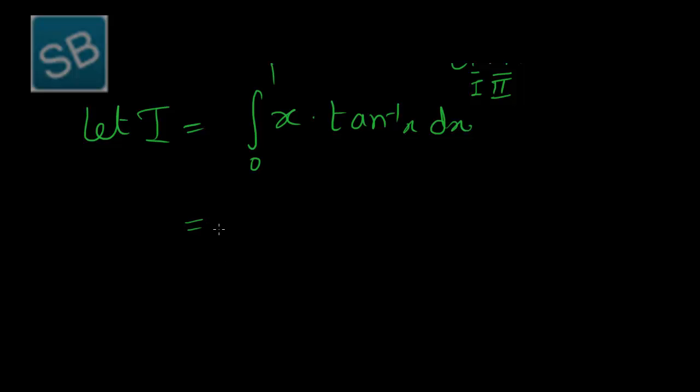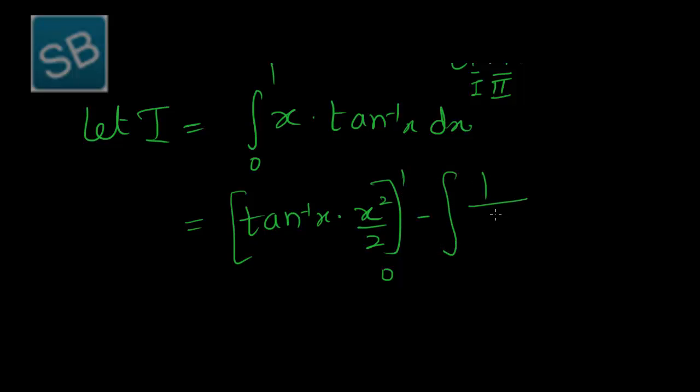So by the rule of integration by parts, we will get first function as it is, integration of second function, limit 0 to 1, minus integration of derivative of first function into the integration of second function, over the whole integration with limit 0 to 1.